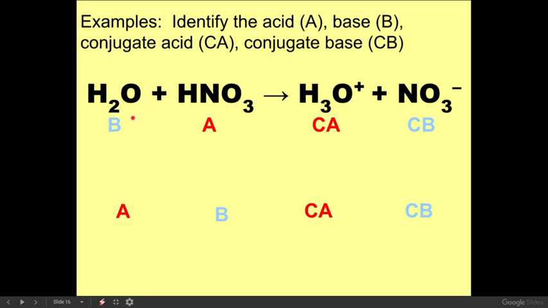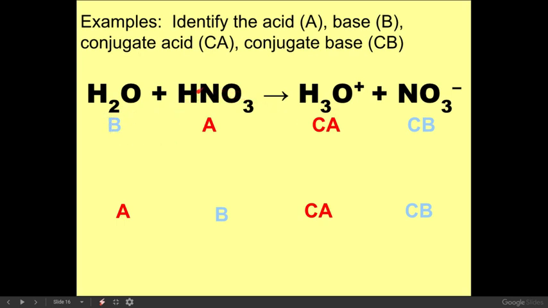Because this water is going to gain this hydrogen from this acid, we now have H3O, which then becomes the conjugate acid of this base.